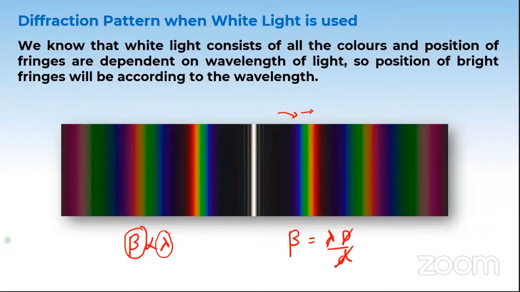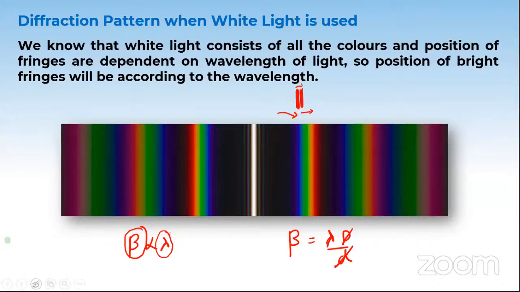It all depends on the wavelength. So why do I get a rainbow pattern when I use white light? Because the fringe width depends on lambda, and all the colors have different fringe widths. Colors get separated because of the different fringe widths. Blue will have a different fringe width than red, so red might go a little farther away than blue. In that way, you get multiple colors in this situation. Cool, right? Am I clear, guys?